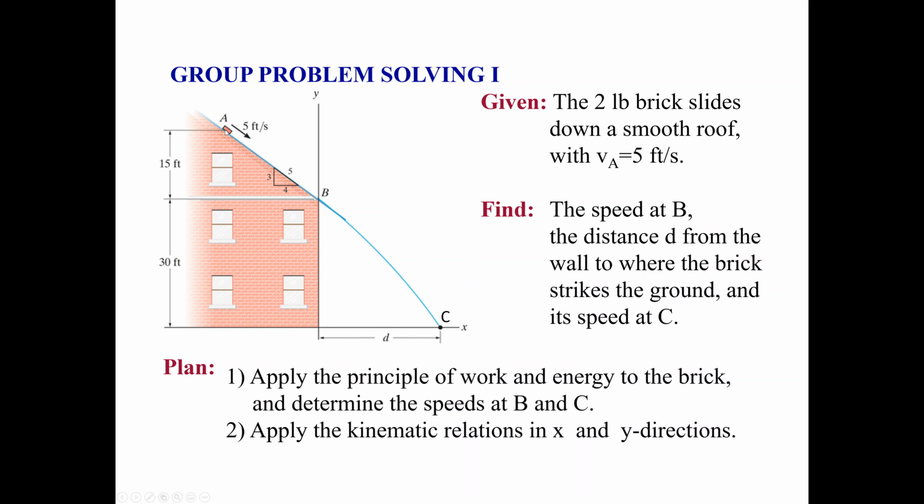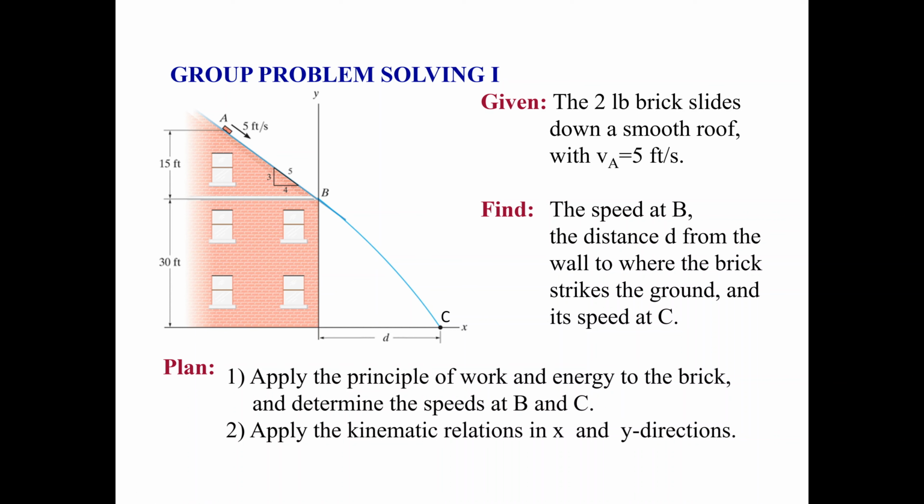Our expectation, of course, is that going from here to here, the kinetic energy would increase. Now, the assumption we have to make here is that this is a frictionless, smooth surface.